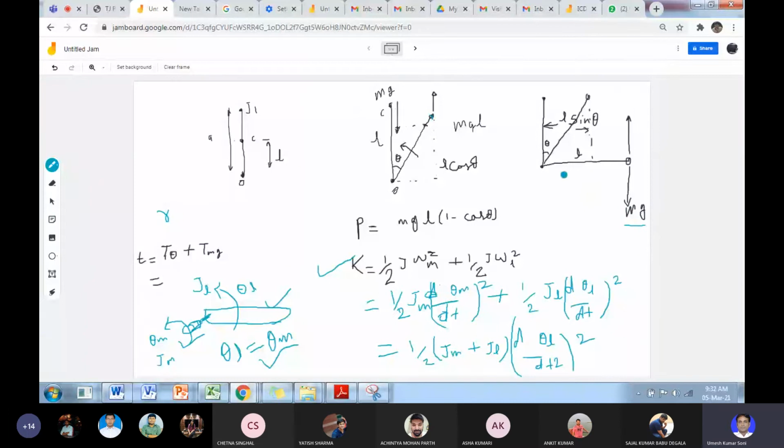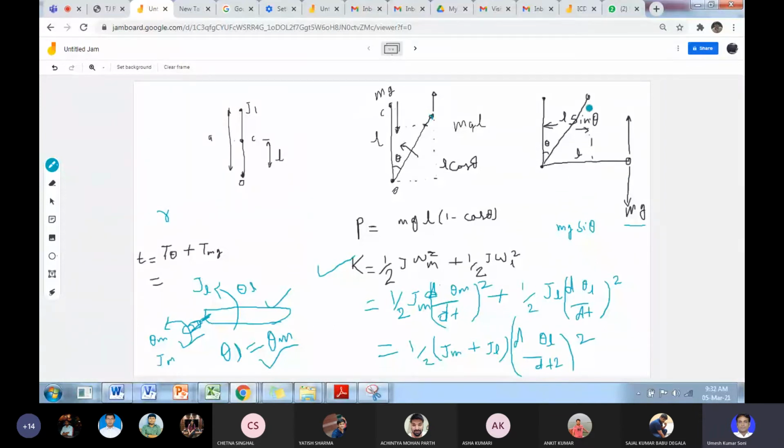but what is the torque at this time? mg into L. Suppose that this is theta with vertical position, then mg sin theta; if theta equal to 90 degree, then the torque will be maximum.